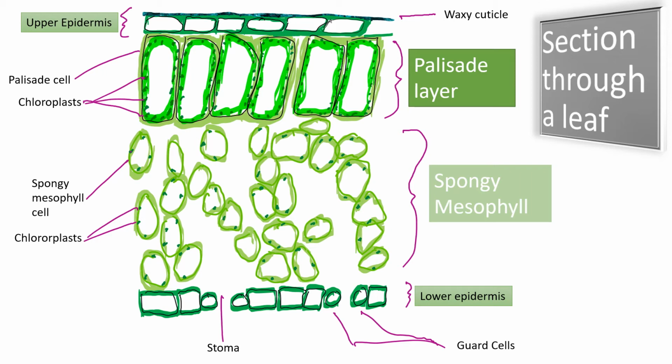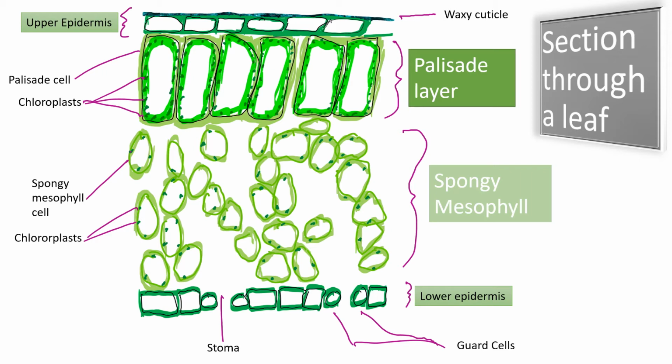as they are down the bottom in the lower epidermis. And you can also see in the lower epidermis stoma and guard cells, which effectively guard the entrance to the stoma. Now, the guard cells, when water is present, they swell up and allow an opening. I'll show you on a slide what a stoma looks like on a microscopic slide towards the end.